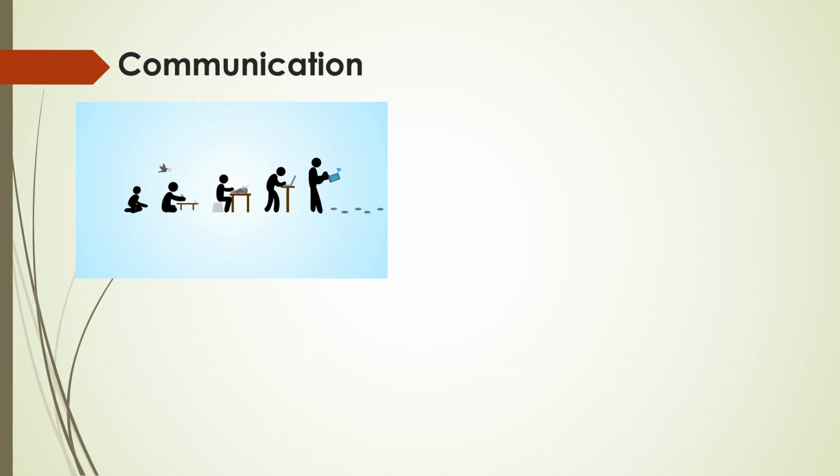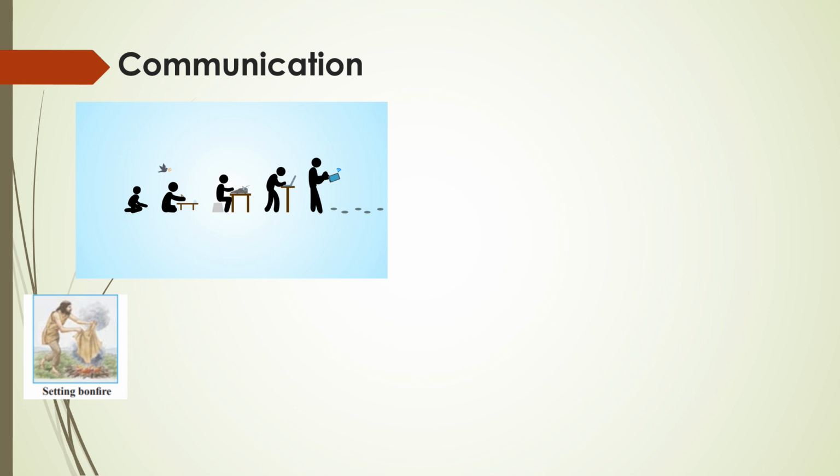And now we will see communication. So communication, in your textbook you can see it on page number 42. So you can see how the people communicated in the past.